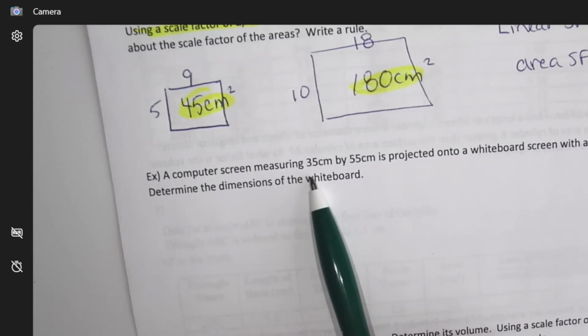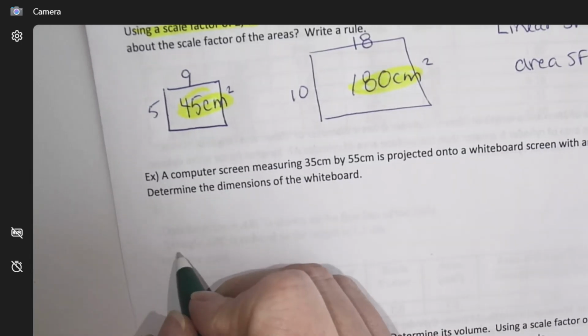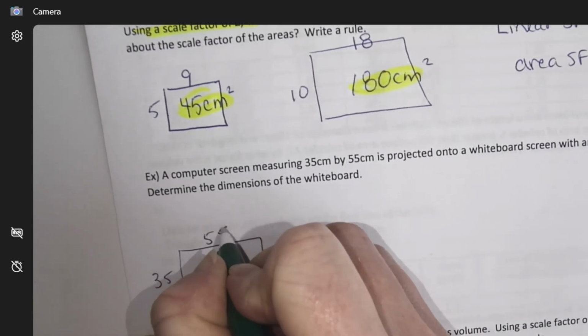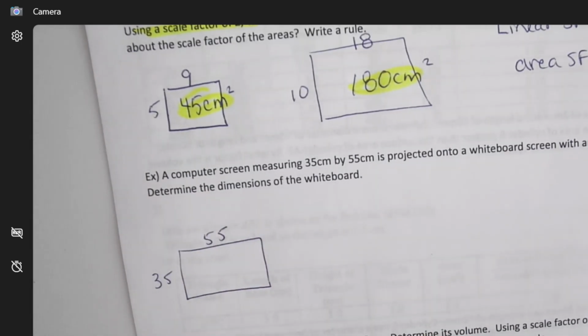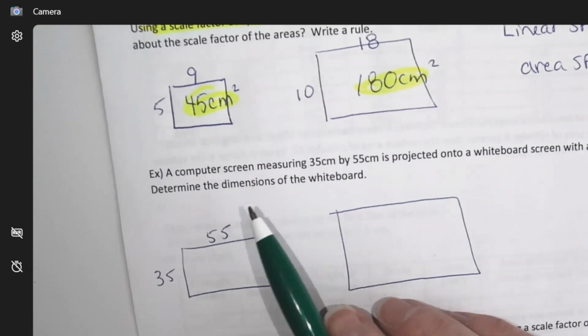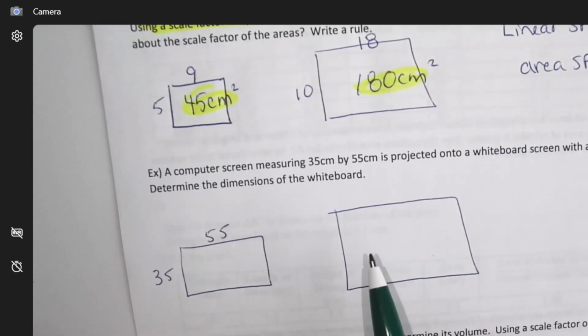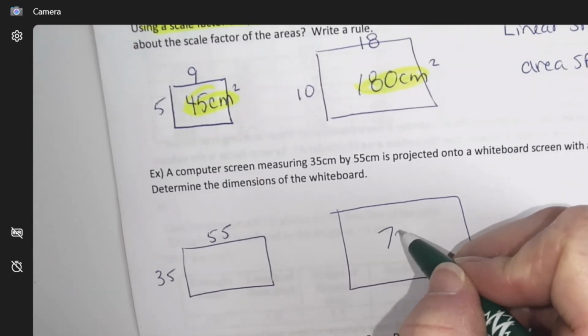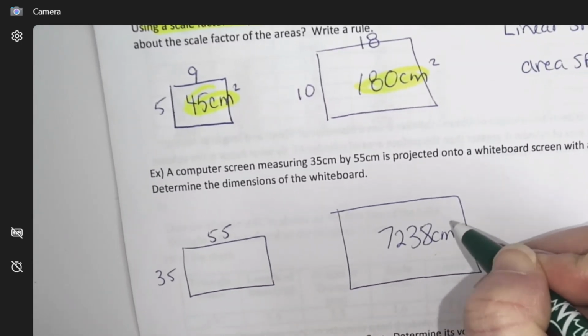So a computer screen measures this. So that's a computer screen. And I'm going to blow it up to put it onto a projector, right? So it's going to get bigger on the wall. When I project my computer to you guys, right, it gets bigger. Then I know from reading the area of the projector.